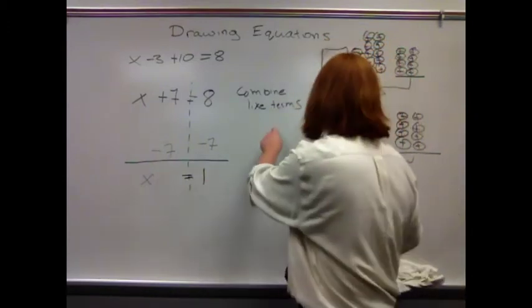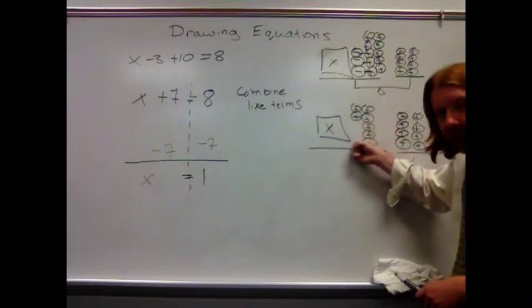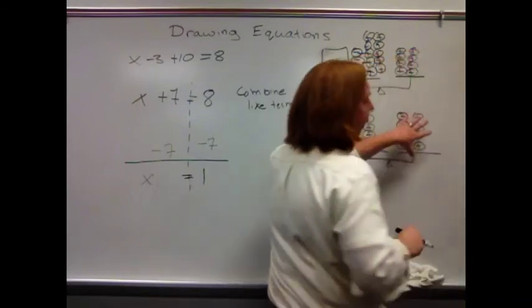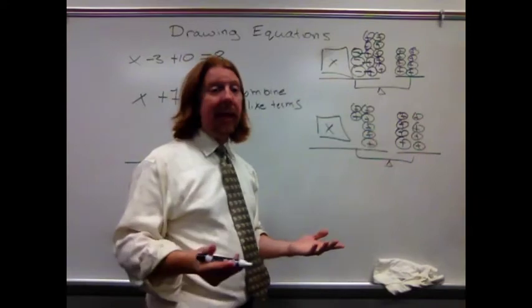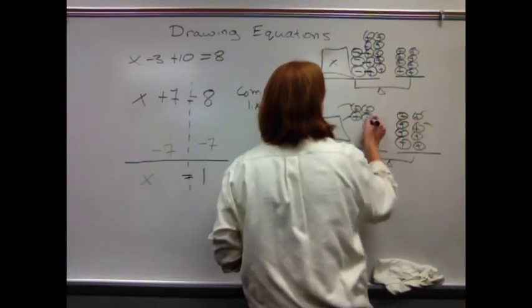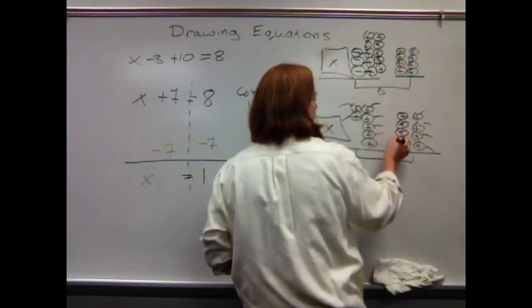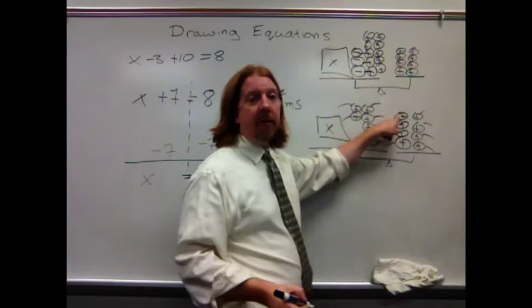So that means if I look at my picture, if I were to knock out 7 of these from this side and knock out 7 from over here, what's left? So I take 1 out, 2 out, 3 out, 4 out, 5 out, 6 out, 7 out. I'm left with 1.